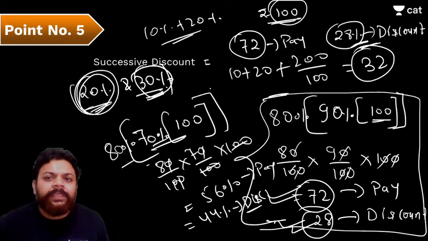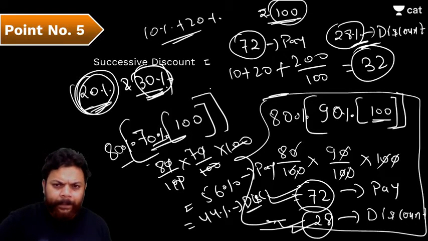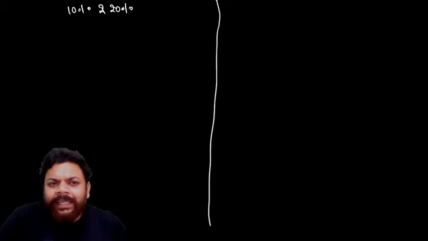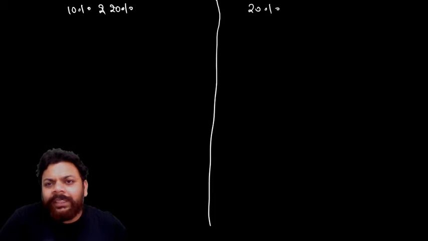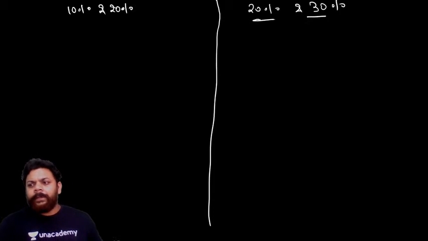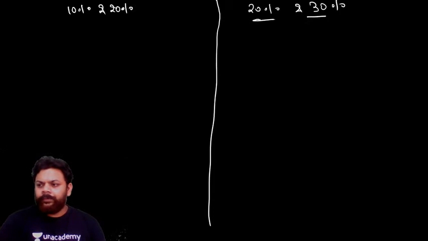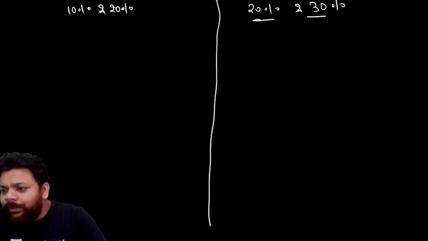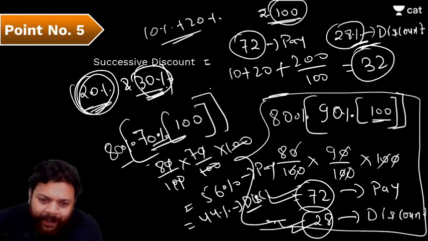So let's see the shortcut on this one. My first question was to find the effective discount of 10 and 20%. My second question was the effective discount of 10 and 30%. 56 is the amount that you need to pay.